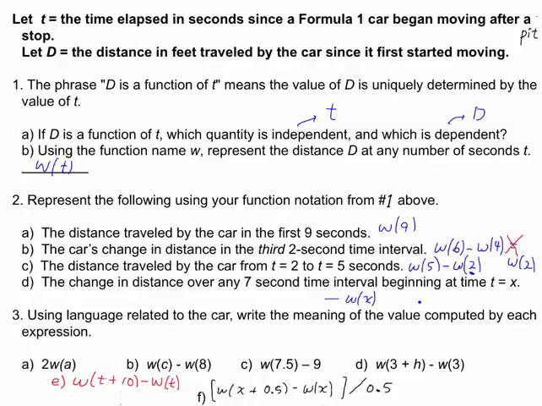And we want the change in distance over a 7-second time interval. So what's the final value of time going to be 7 seconds later? X plus 7. If we're starting at time x, 7 seconds later will be x plus 7. So to get the change in distance over any 7-second interval starting at time x, you're going to do W of x plus 7 minus W of x. Make sure that makes sense.